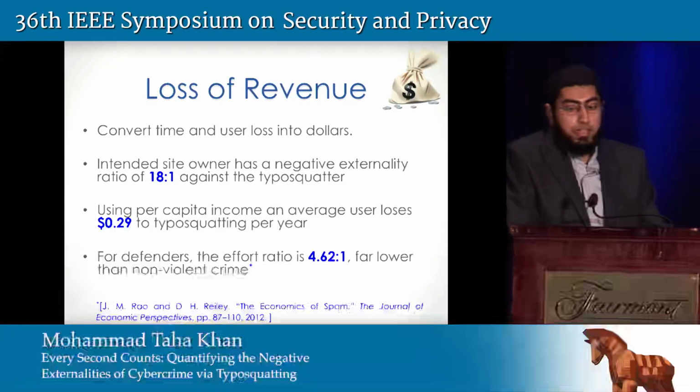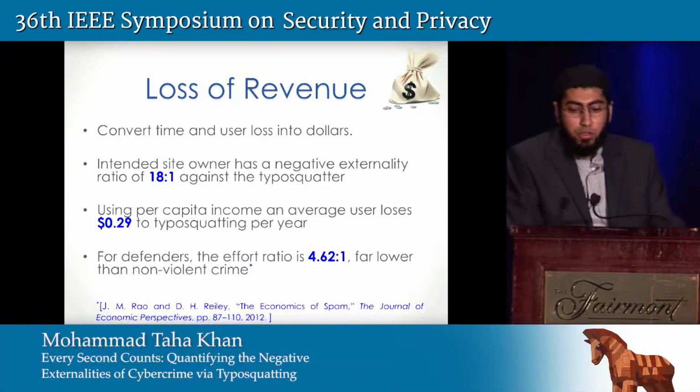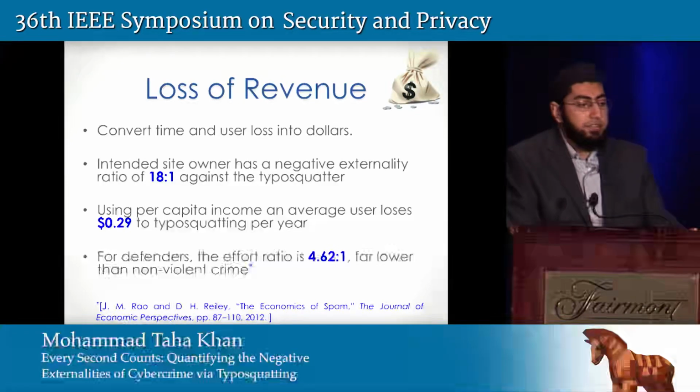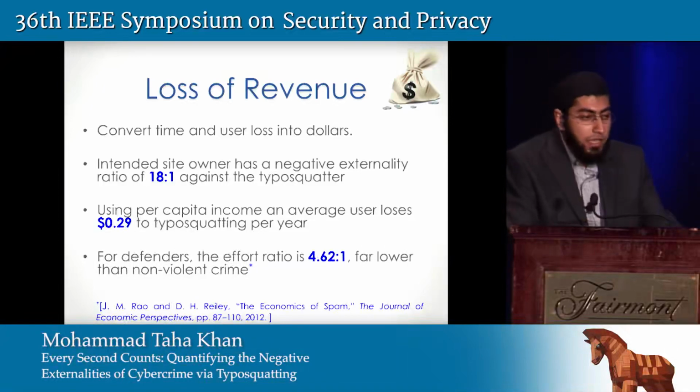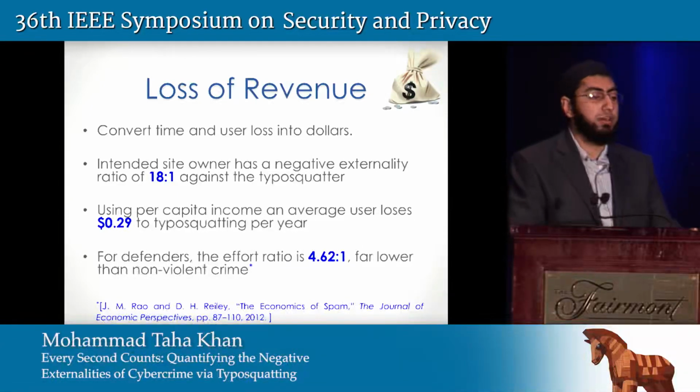In our context, negative externality essentially means the loss incurred by the site owner as well as the users who intended to go to the website, as opposed to the gains of the typosquatter. The intended site owner has a negative externality ratio of 18:1 against the typosquatter. In other words, for a $1 gain by the typosquatter, the site owner lost $18 of revenue.